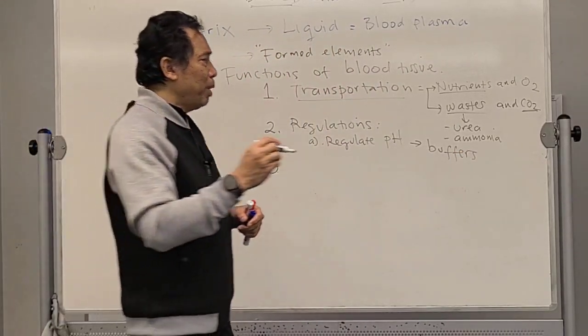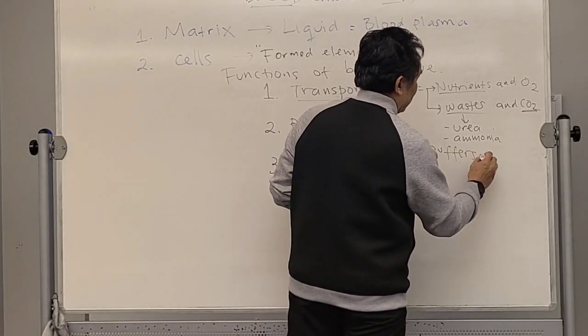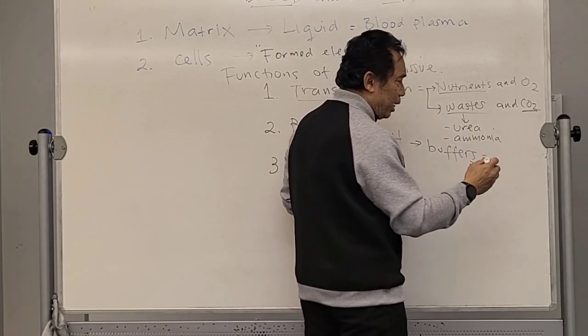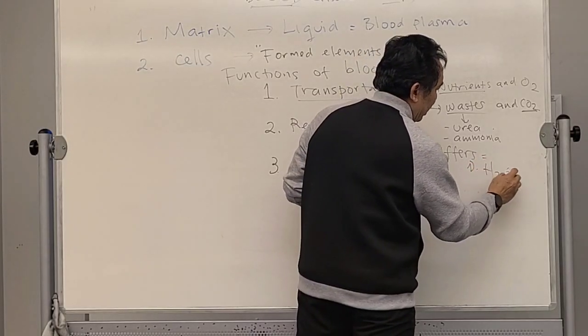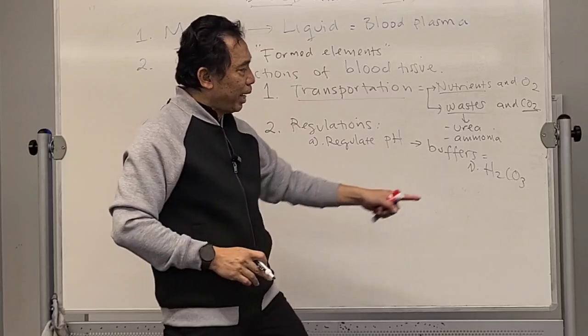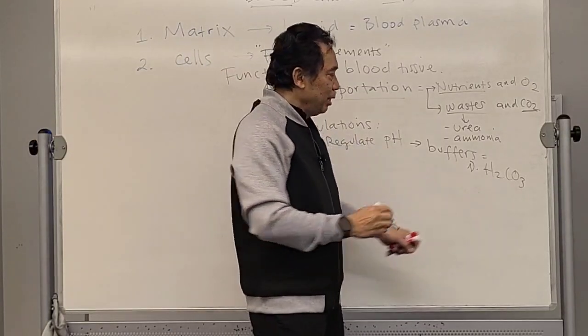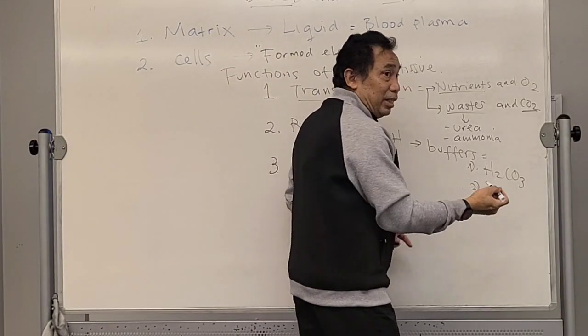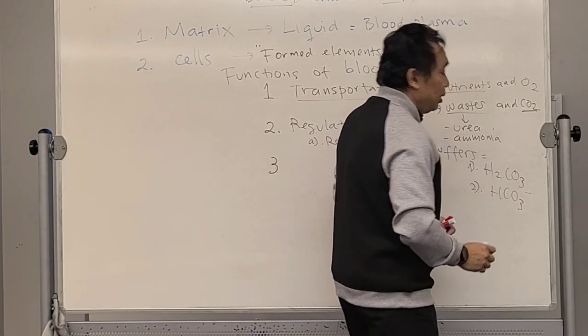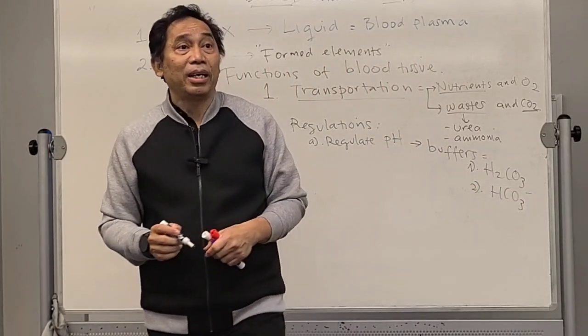There are two main buffers in the blood. The first one is actually an acid. It's a very weak acid called carbonic acid. And the second one is actually a base, and this is an ion, carbonate ions.